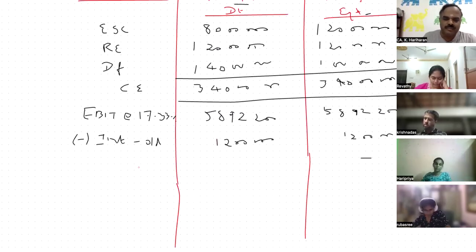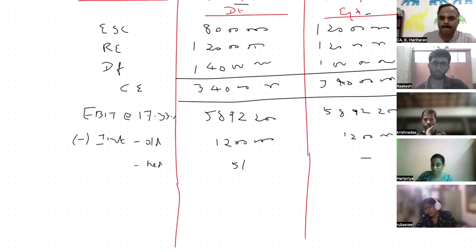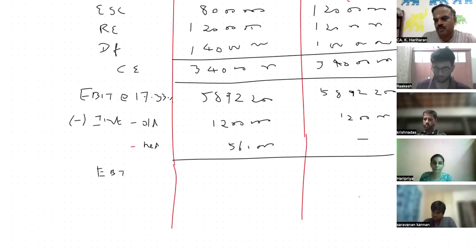The balance is earnings before tax. How much is the earnings before tax now? Option 1: 41,32,200. Option 2: 46,92,200.